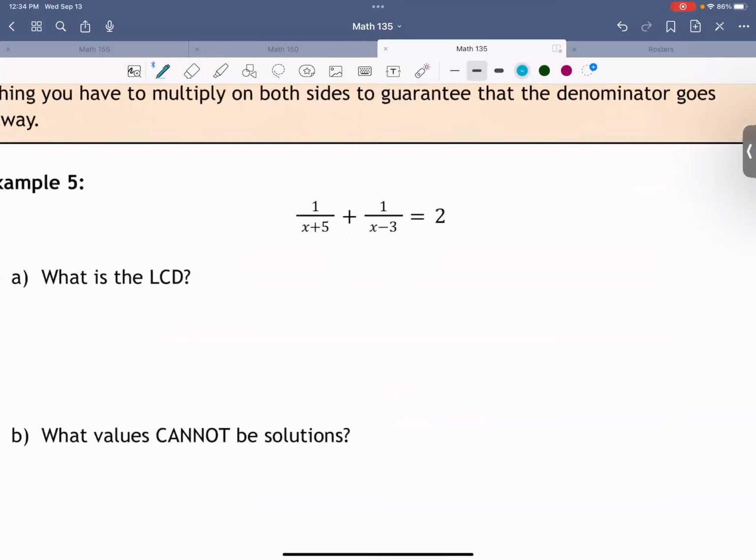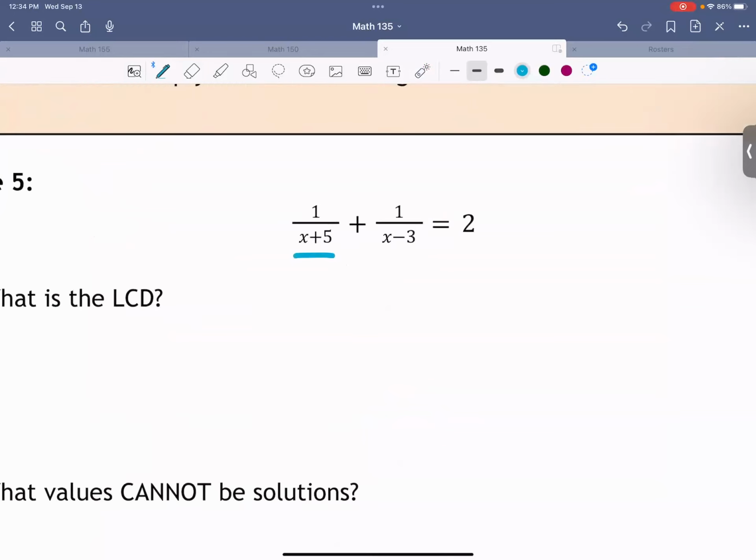Here we have a bunch of stuff. We have x plus 5 in the denominator. We also have x minus 3. If those were just numbers and I were trying to find the least common denominator, I would pretty much just multiply them together if they didn't have anything in common, right? Now, x plus 5 and x minus 3, those are two different things. So let me just show you what the LCD looks like. And it might look confusing at first, but once you start doing more examples, it makes a little bit more sense, okay?